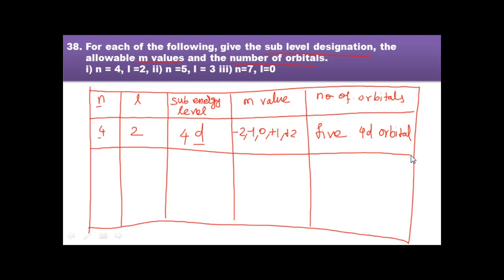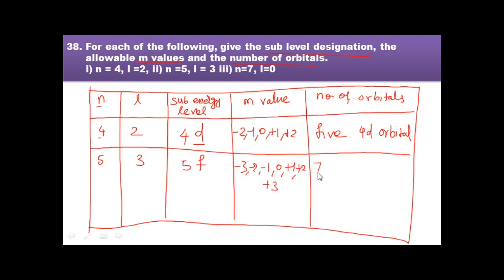The second one, n equal to 5, l equal to 3. So l equal to 3 means f orbital, n equal to 5 means 5f orbital. What is the m value? Minus 3, minus 2, minus 1, 0, plus 1, plus 2, plus 3.